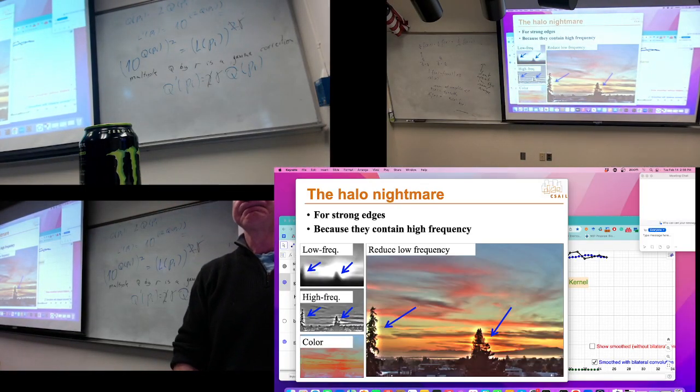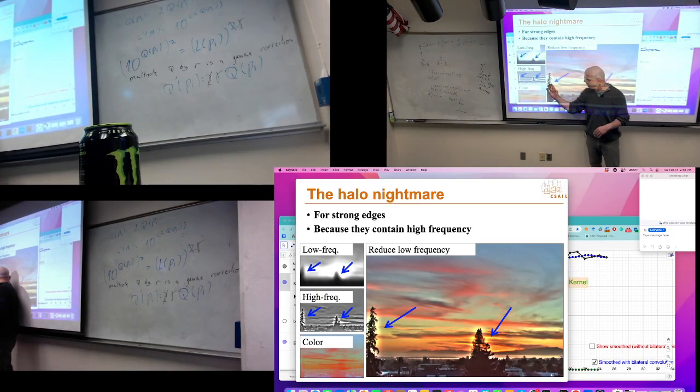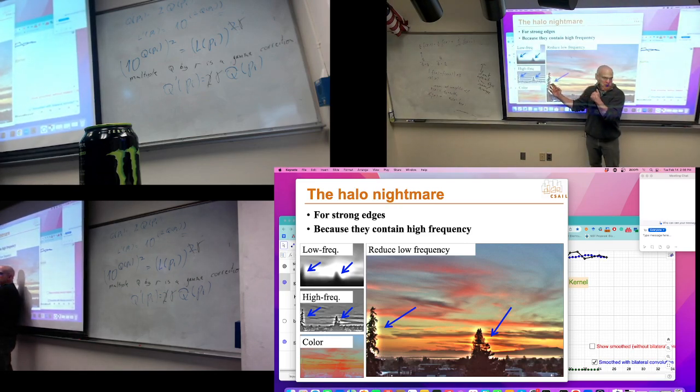Yeah? Why around the tree is it even brighter, not just blurry? I would understand why it gets blurry, because you're averaging it. Thinking about it as a dark region, for the tree, if I show the tree as is, it will look too dark, so I increase it.